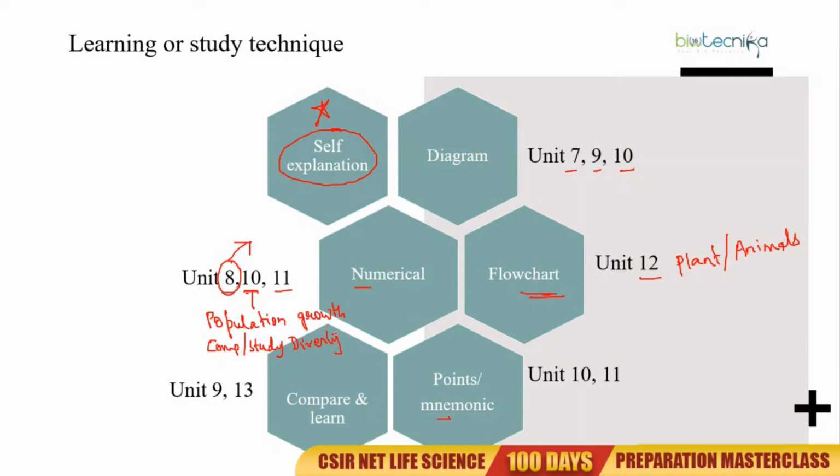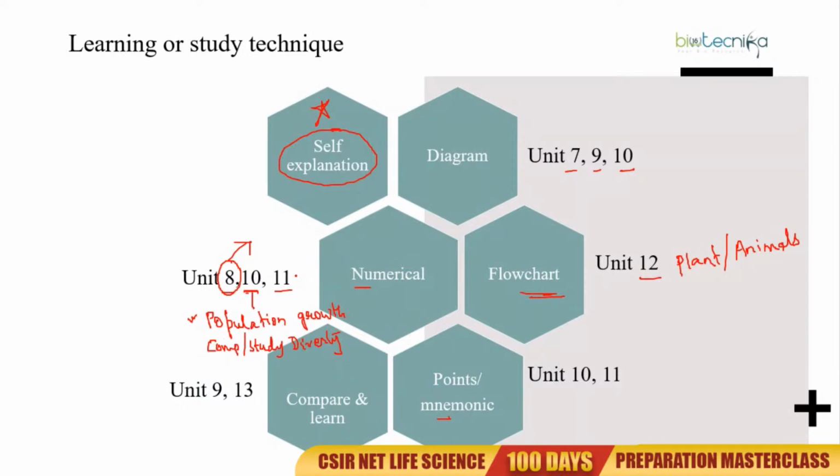This is a place where you get numericals. You also get numericals from mean and variation, and the life table, which again comes under your population chapter itself. So very few numericals, and they are very simple again.